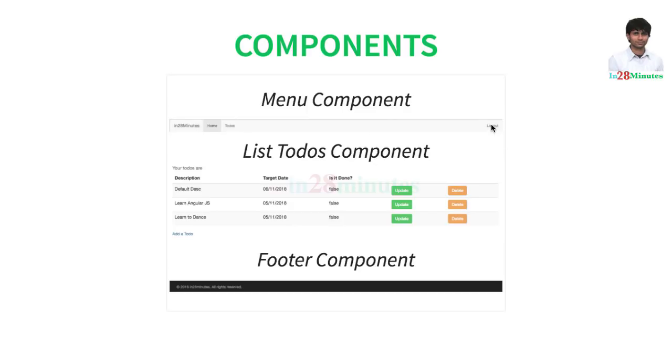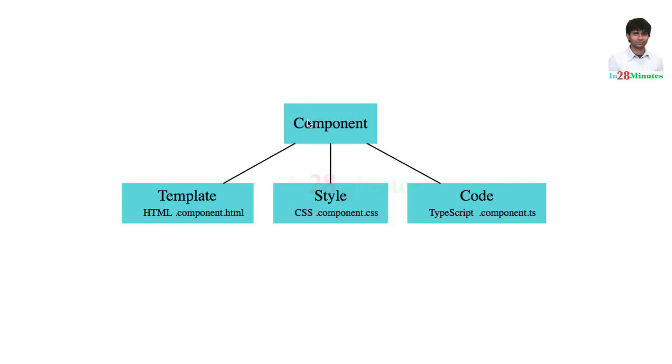Whenever we build Angular applications, we first start thinking about what should be the components which should be created. Typically, a component is associated with the template, which is basically the HTML, how should it be shown, the styling, which is basically the CSS, how should the elements be styled, and the code, how should you really respond to user actions.